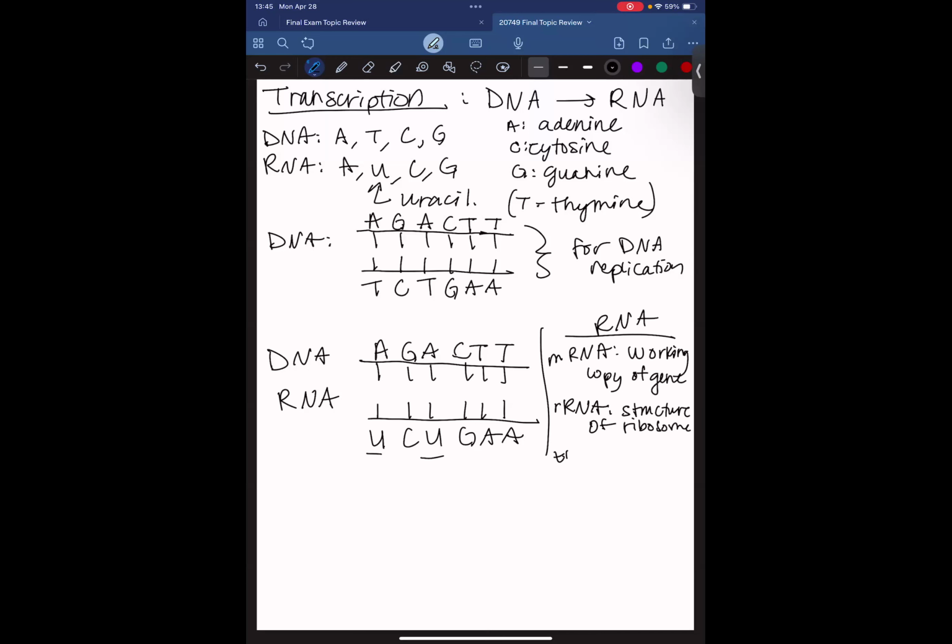And we have tRNA, which is our transfer RNA, which transfers an amino acid based on the mRNA codon sequence.